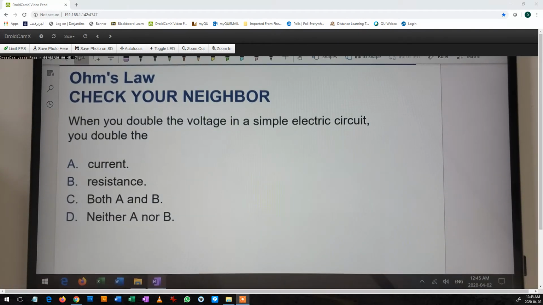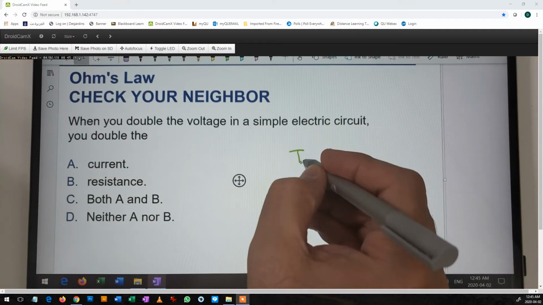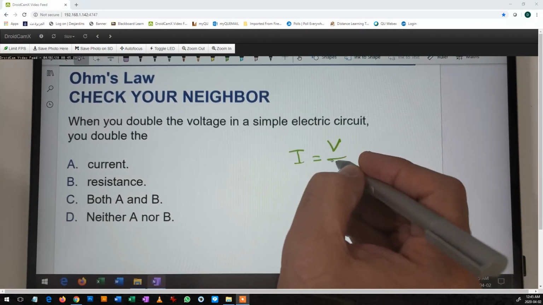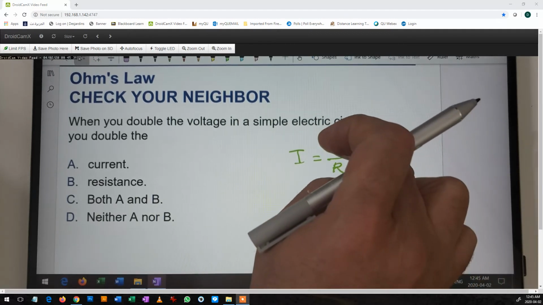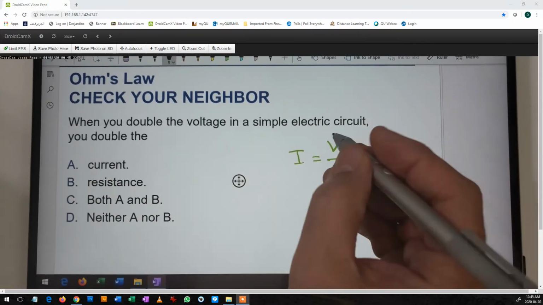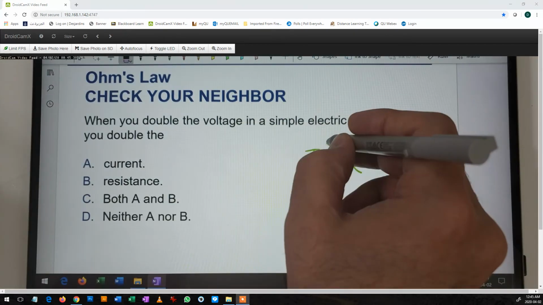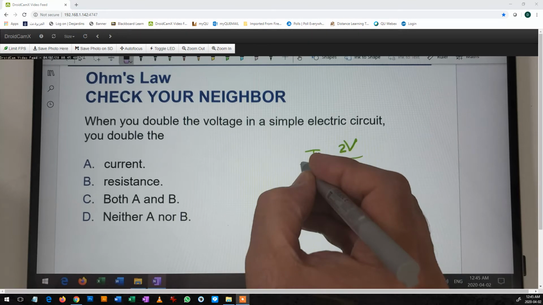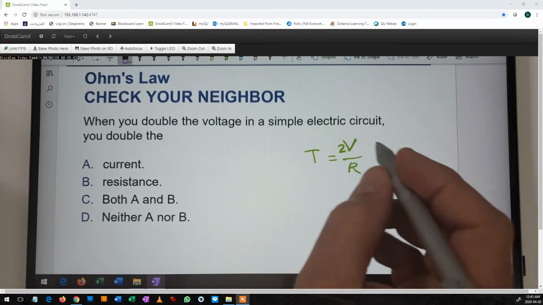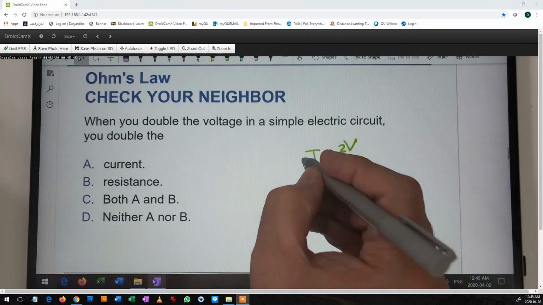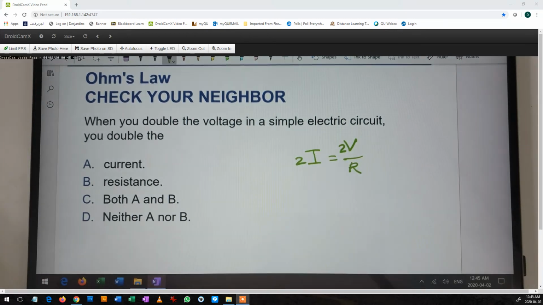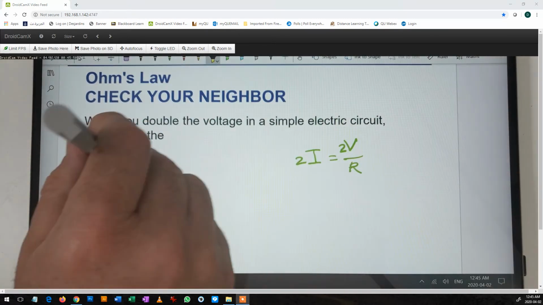When you double the voltage in a simple electrical circuit, you double the... عندنا هيها I equals V over R. So if you double this, then you double this. معناته الجواب you double the current.